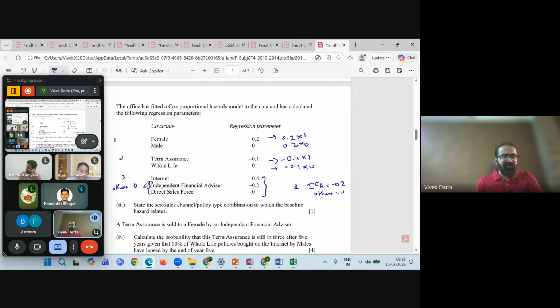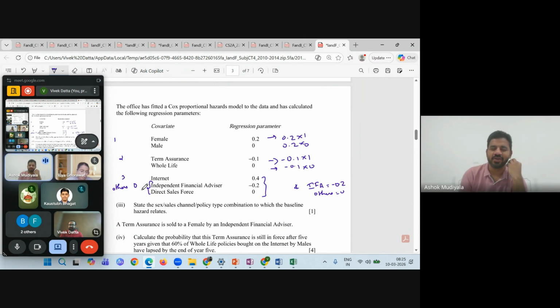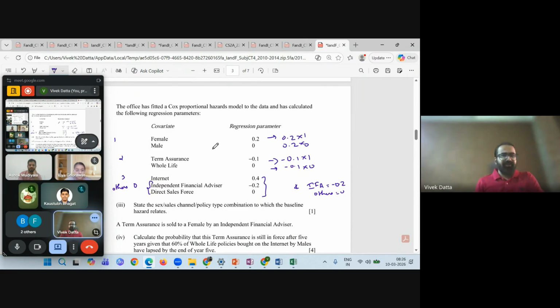Ashok, pay attention here. Don't go off into dreamland. No, I'm just thinking why we are always using indicators. Why can't we use the direct measurements? Not always. In the last sum you saw we were using direct measurement as age.